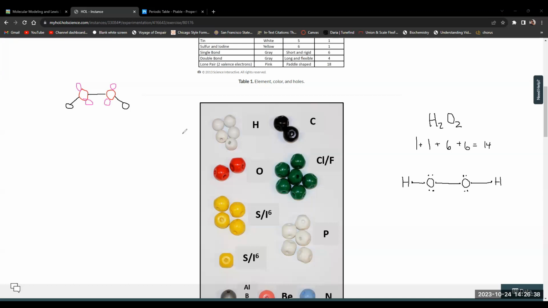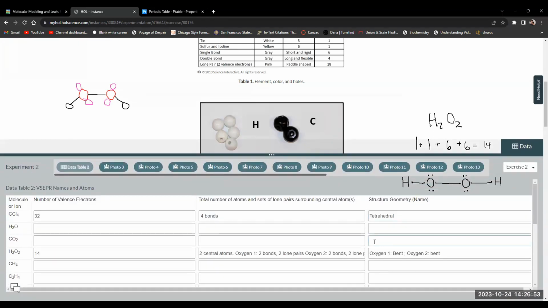Yeah, very accurate. So now all left to do is take a photo of our structure that we built and then upload it. So this is number 3, 4, 5. So dihydrogen dioxide would be photo 6.